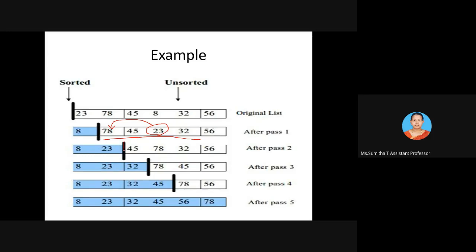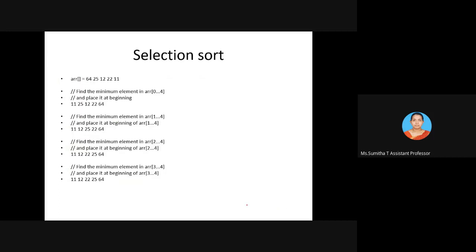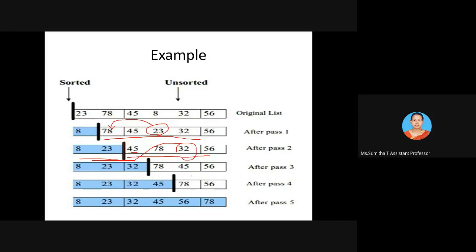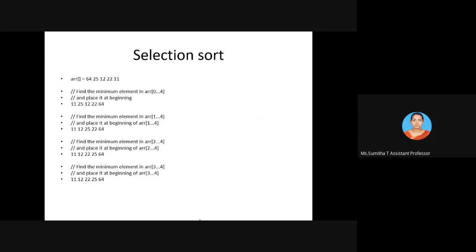Now up to this point the elements are sorted. In the remaining elements we pick the smallest one, 32, and replace it with the first element of the unsorted list. Like that it goes on. After the last pass we get the elements in order. Here we have 6 elements, so we go with n minus 1 passes.